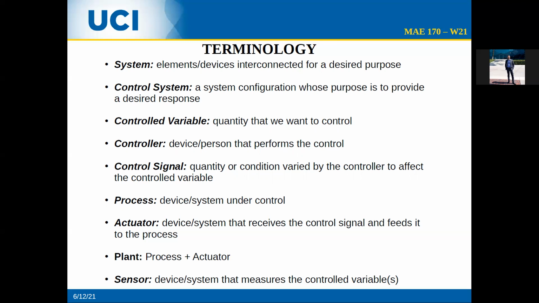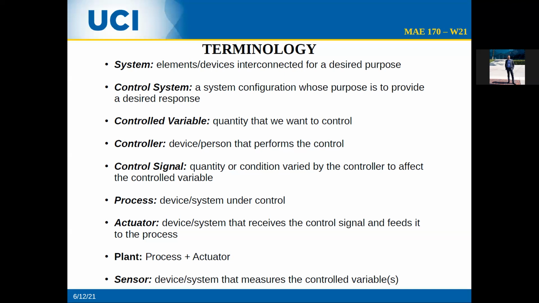So let's now go over the actual terminology, and let's see if we can draw a parallel between the example that I gave you and a more general control system. So a system in general is just a bunch of elements or devices that are interconnected, so they're connected between one another for a desired purpose.